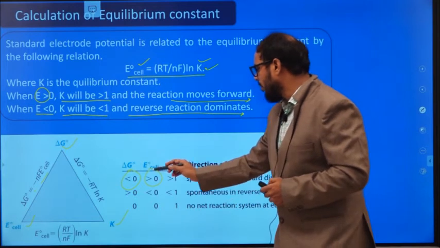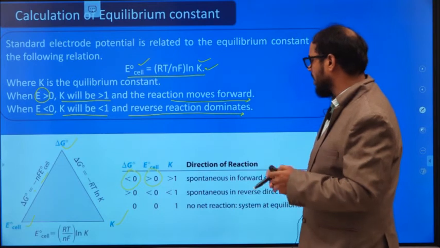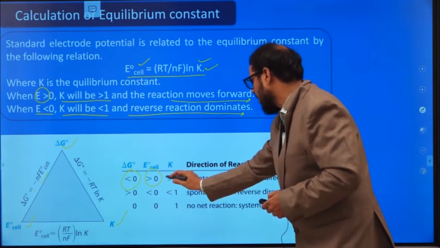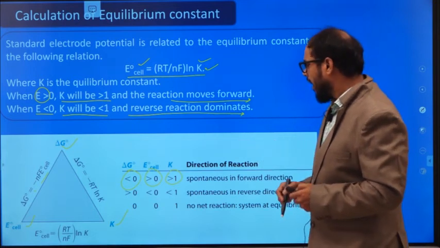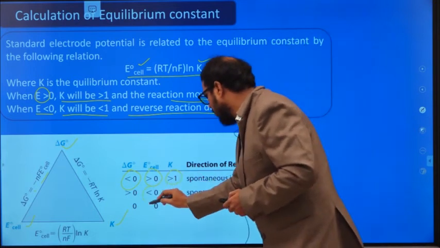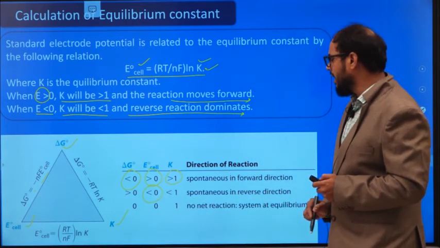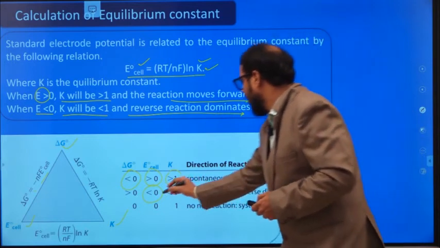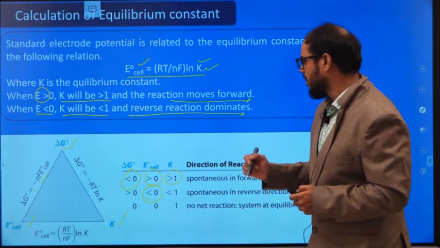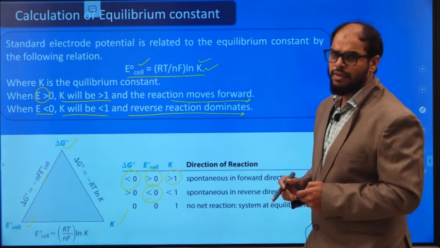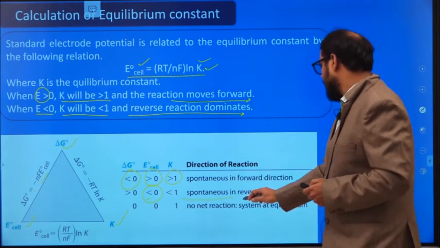In those cases, the reaction is spontaneous with equilibrium constant more than 1. And whenever the E cell value is negative, then delta G will be positive. In those cases, the equilibrium constant will be less than 1, and the reaction will be in the reverse direction.